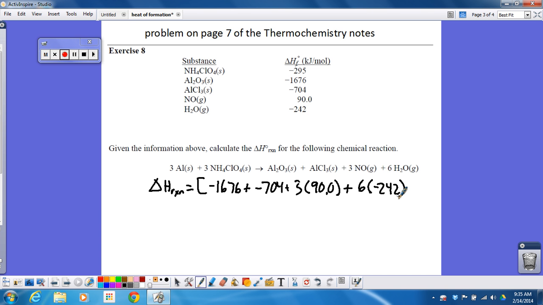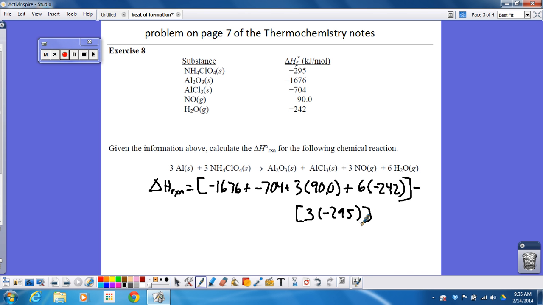So that would be the heat of formation of the products minus the heat of formation of the reactants. Aluminum is 0 because it's an element in its natural state. So the only thing I'm going to subtract from that is 3 times the heat of formation of ammonium perchlorate, which is negative 295 kilojoules per mole.